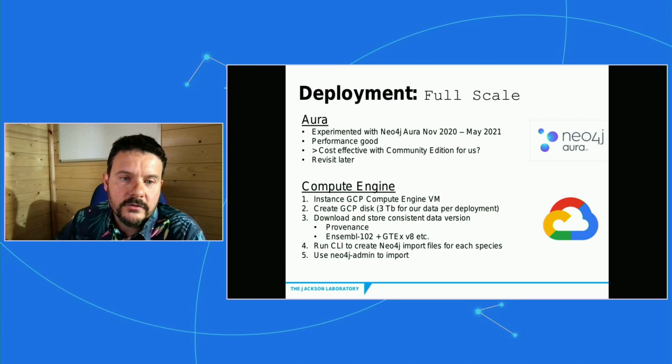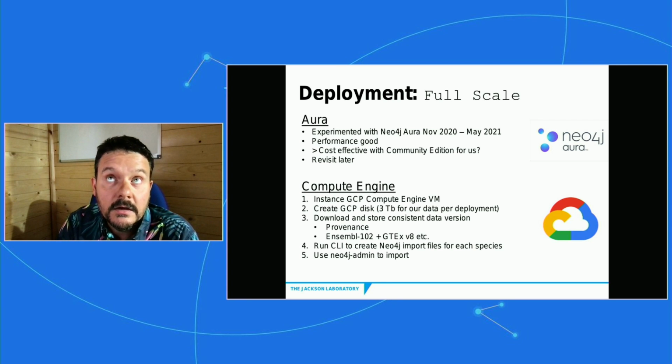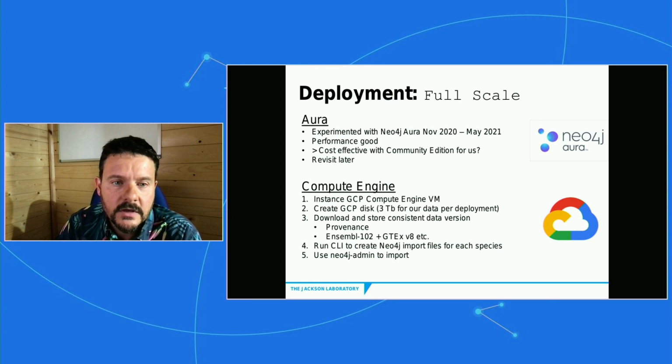So that's all very well. We've managed to take all these input files and build them into the files that Neo4j can slurp up. That's great. But how do we actually deploy that? What does it look like for users to use it? That was a bit of a question for us, because we have a bit of an unusual use case, and that is that we have a low number of users doing a large number of queries.